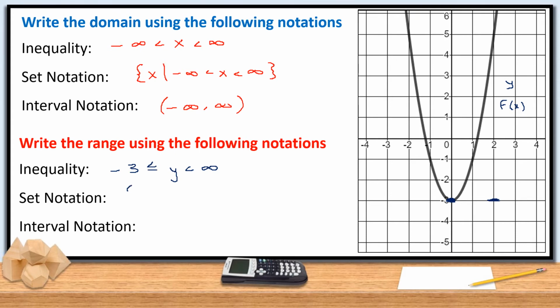Set notation. Set bracket, we're talking about y such that -3 less than or equal to y less than infinity, close it. And then interval notation, -3 infinity. We know infinity is always a round bracket. -3 is included, so it gets a square one. That's it.